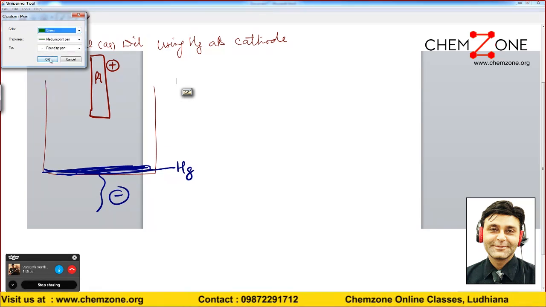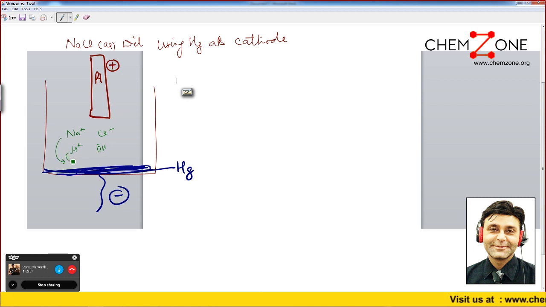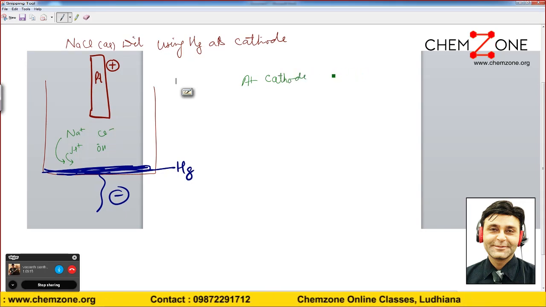And in between we have sodium positive and Cl negative ion, H positive and OH negative ion. So first of all we see towards the cathode what will happen. At cathode both can get reduced, sodium as well as the hydrogen. What do you expect should get reduced?